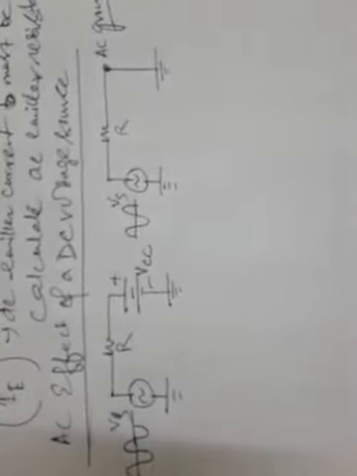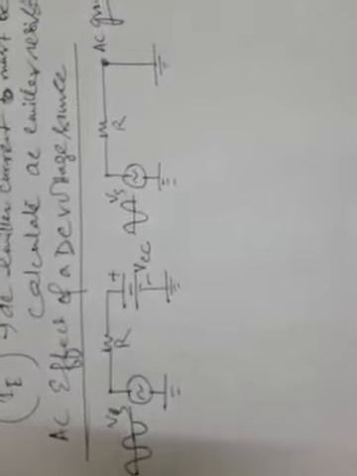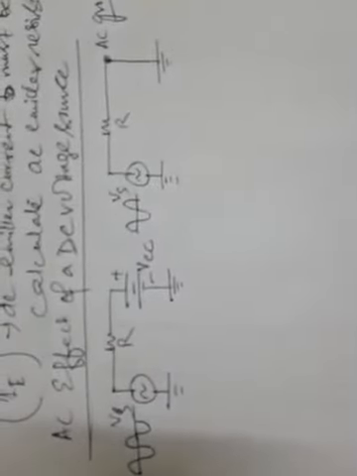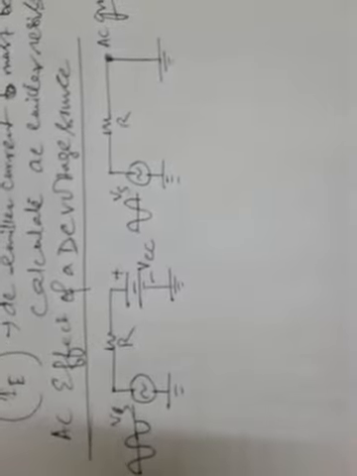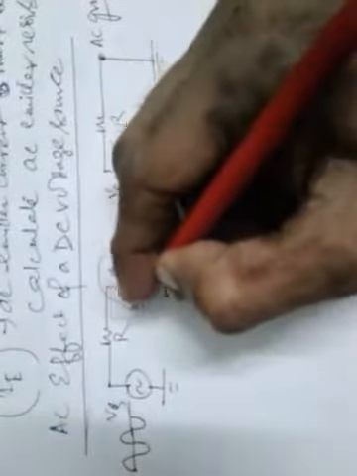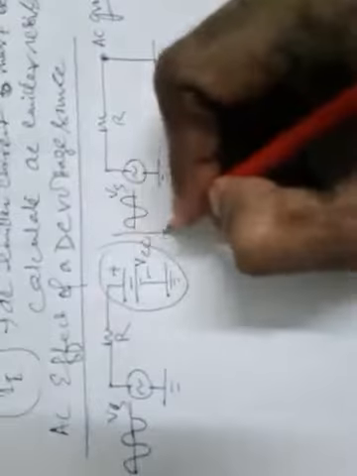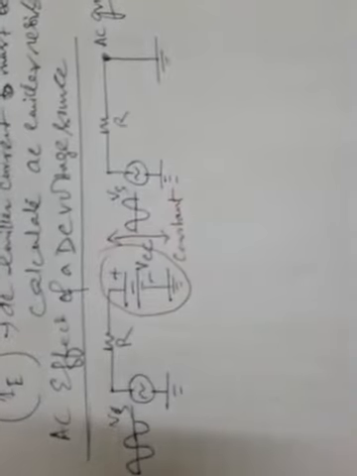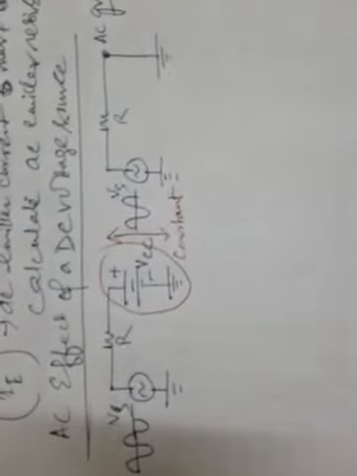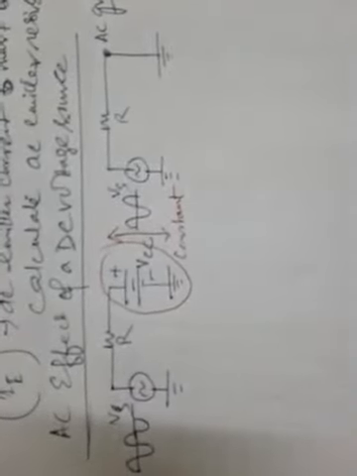Because a DC voltage source has a constant voltage across it, any AC current flowing through it cannot produce an AC voltage across it.